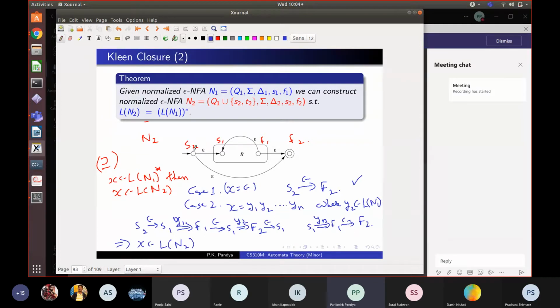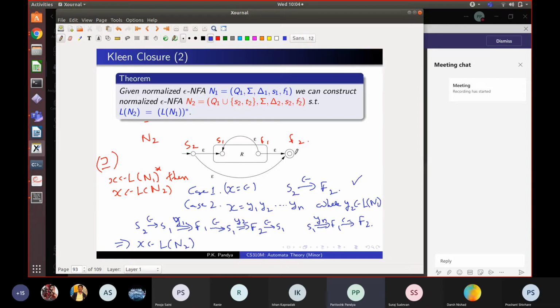Any run from S2 to F2 is either of the form going directly from S2 to F2, which is the case 1 we considered, or it goes from S2 to S1, then from S1 to F1, again comes back via this epsilon, goes from S1 to F1 again. It does this some n number of times, and then it takes this epsilon transition and goes to F2. These are the only two kinds of paths which will take you from S2 to F2.